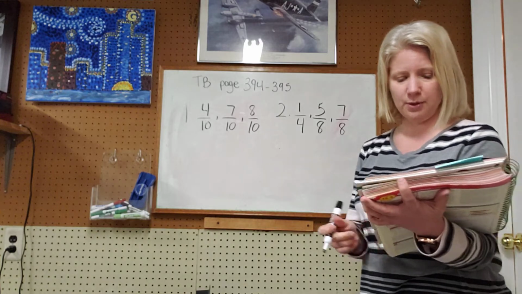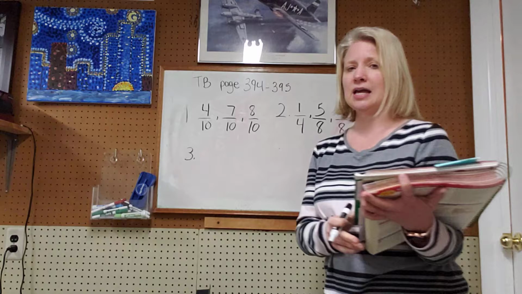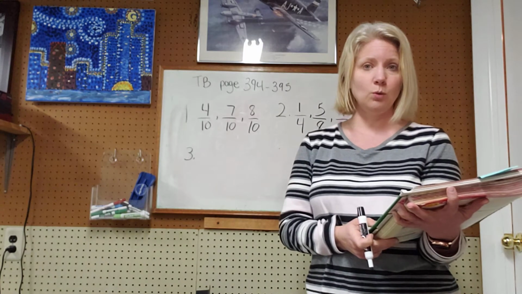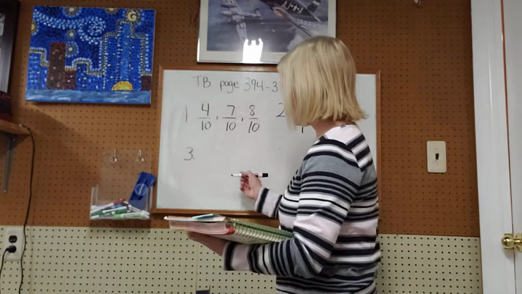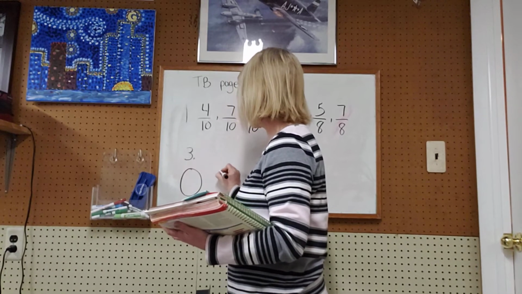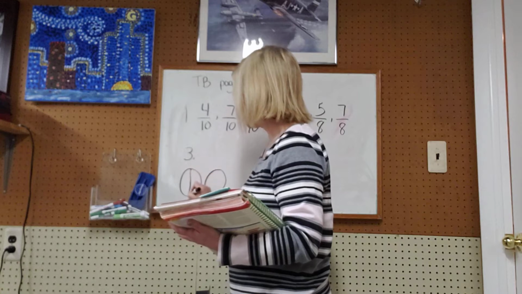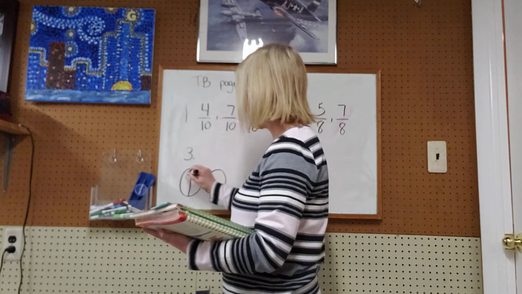Let's move on to number 3. This one also has different sized pieces for the whole. 1/2, 1/8, 1/4. Let's go back to the fraction strips. Or I'm just going to draw a picture up here. You can look at your fraction strips, or we can look at the picture. 1 is going to be 1/2.